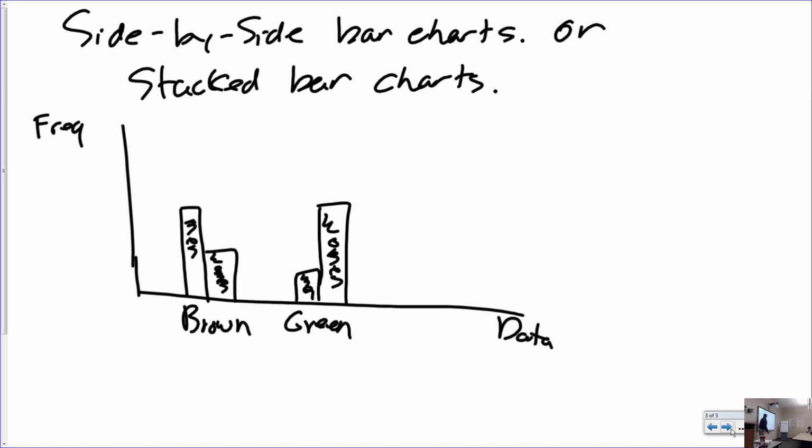Now, why would I want them side by side? Why would you change this to stacking? Potentially, if you cared more about what the total number of people are that have brown eyes, you should probably stack this.